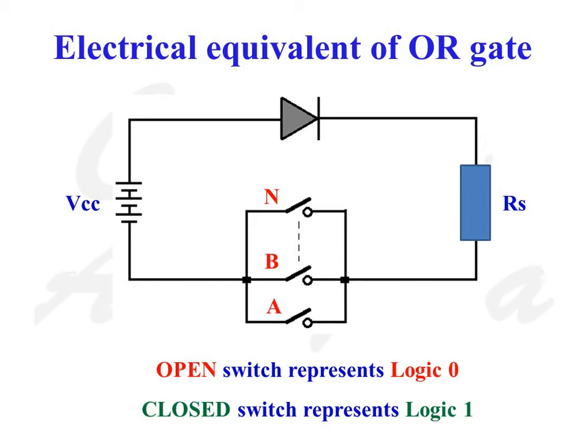LED will not emit light. When any of these switches is closed, current flows through the circuit, forward biasing the LED, and the LED emits light to represent the output logic 1.